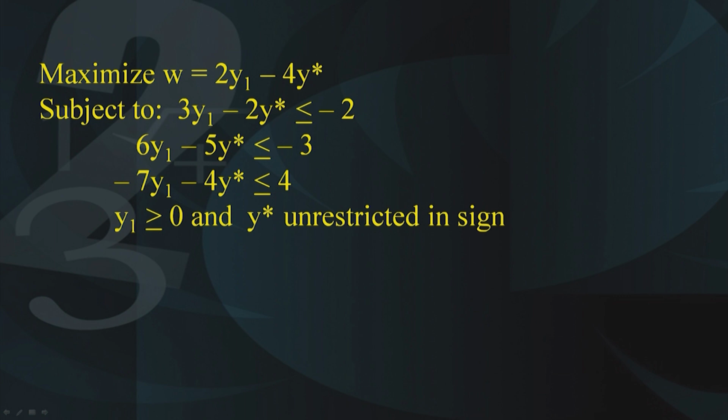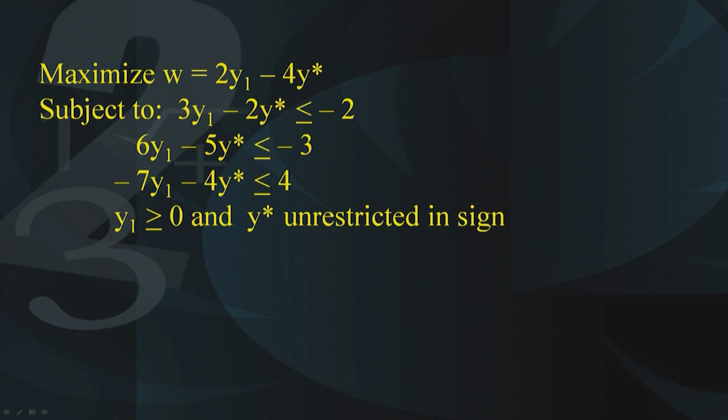Now, the question is, what is that relationship? The relationship is that corresponding to the equality constraint of the primal, we have an unrestricted variable of the dual.